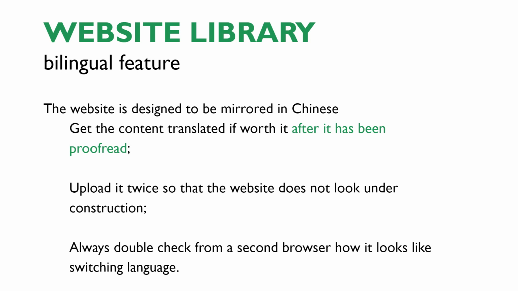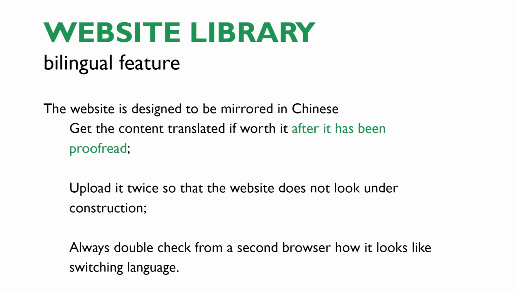Or sometimes it can happen that for some reason we have an article that we don't want to have translated in Chinese, or maybe we cannot have it translated in Chinese. In that case, we still need to upload something in the Chinese part, otherwise it's going to look like lorem ipsum.